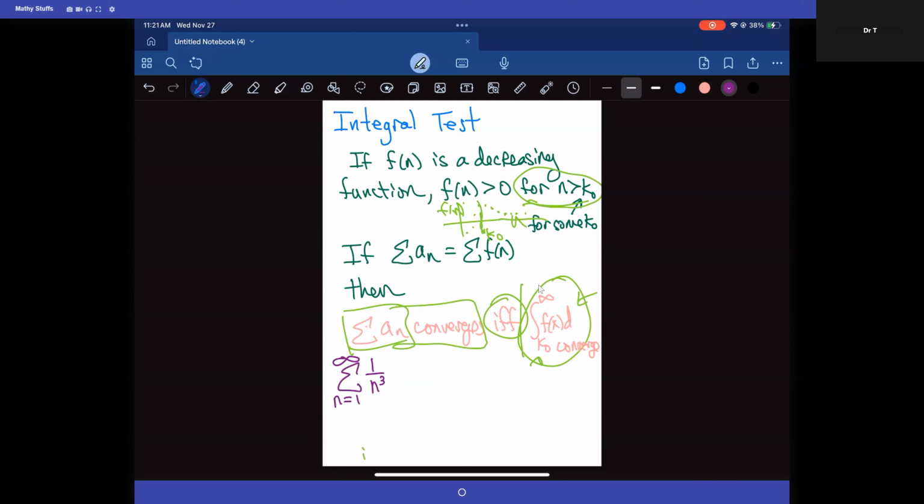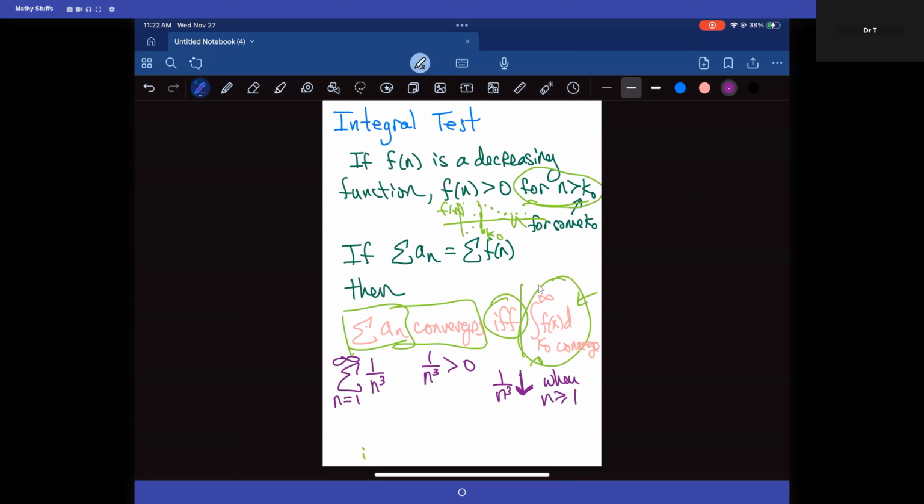It's certainly always positive because n is a number between 1 and infinity, and that's always positive. When you cube something positive, it is also positive. So this satisfies the fact that 1 over n cubed is positive and 1 over n cubed is decreasing.